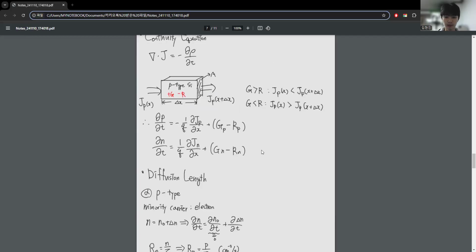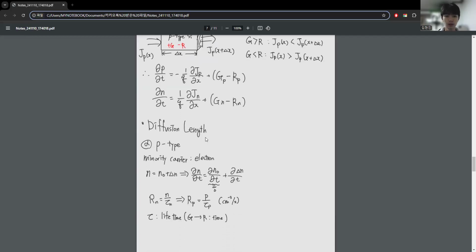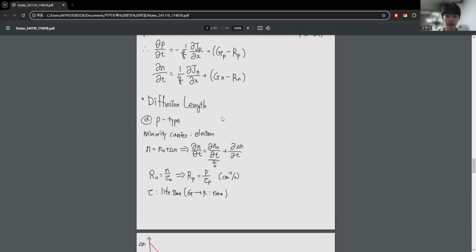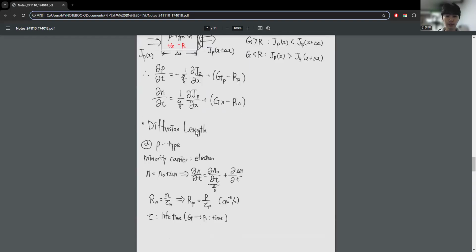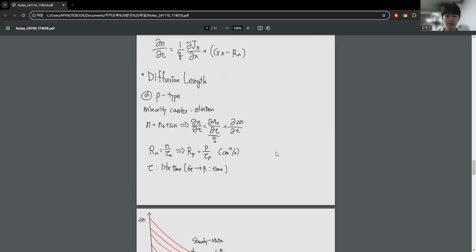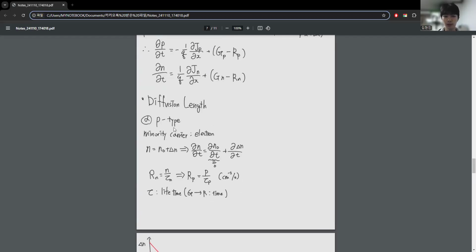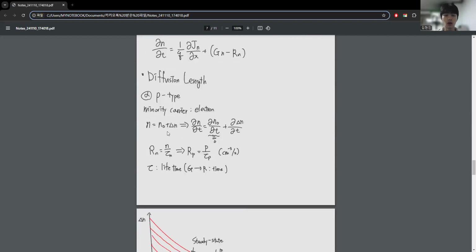And next, diffusion length. In p-type silicon there are many holes, so the minority carrier is the electron. For the electron, n equals n0 plus delta n.